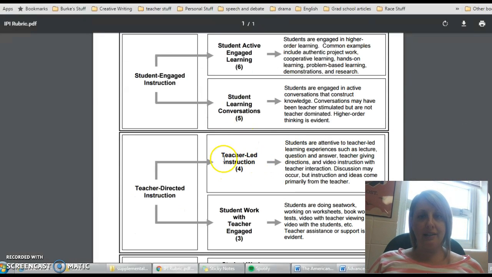So it's the first thing I see when I walk in. If I don't know what I see when I walk in, I'll investigate and try to figure out what I was seeing. But if I see teacher-led instruction, that's a 4. Now, if while I'm in the room, you change from teacher-led instruction to student learning conversations, I'm going to mark it as what it was when I first walked in the room, which is a 4.